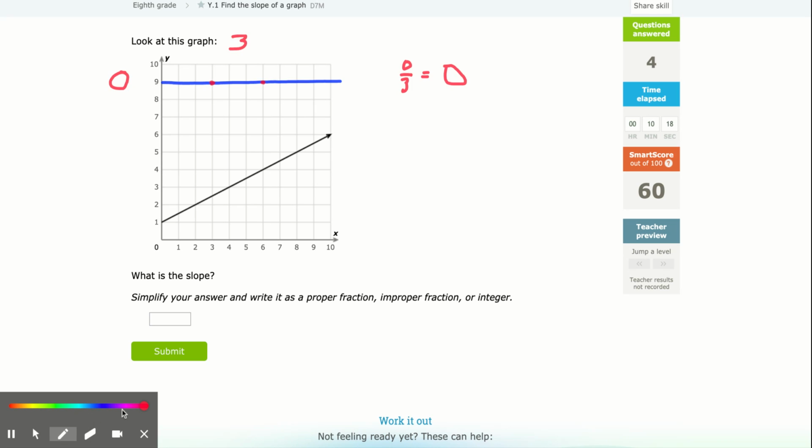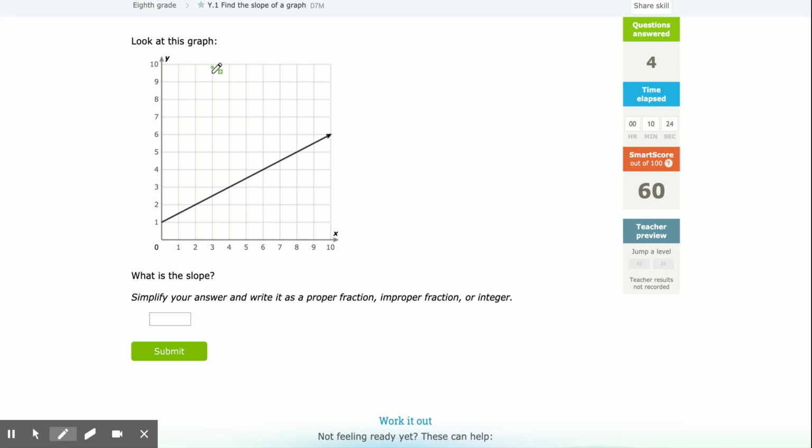Now, a vertical line is another slope that students get really confused at. If you ever see a line that's perfectly vertical, and I take 2 points on there, then how much do I go up going from one point to the next point?